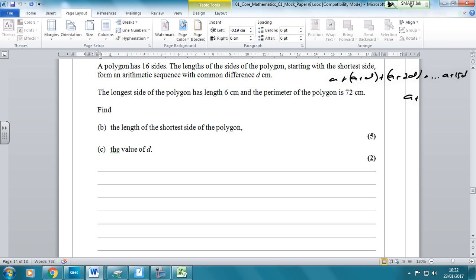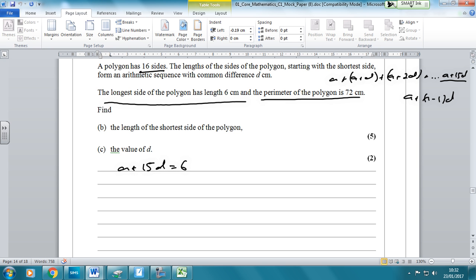Because that's going to be a plus n minus 1 d. And if we've got a 16-sided shape, n minus 1 is going to be 15. So we're told the longest side has length 6 centimeters. So that last one there, we know that a plus 15d equals 6.